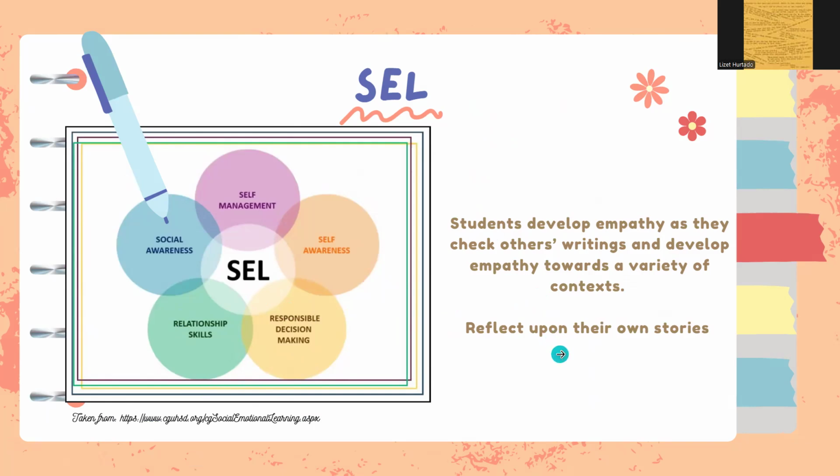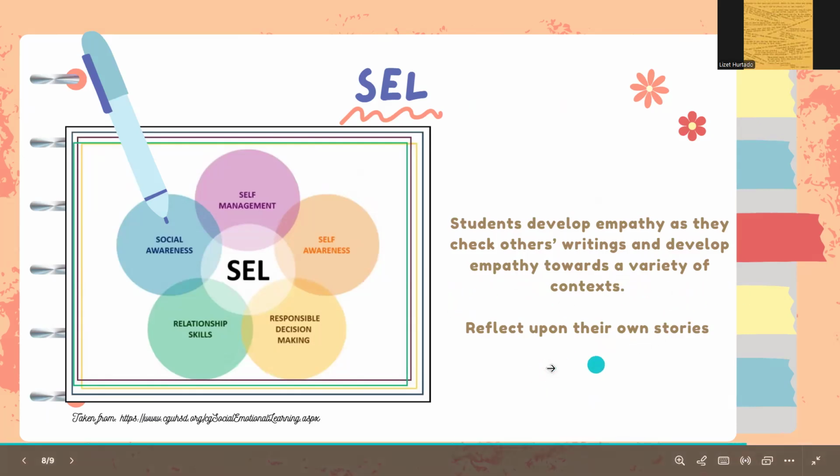So also analyzing the lessons, the students develop empathy as they check others' writing. We try to highlight that part as we need to be kind to each other, and also because we have a variety of context, and also in the lessons we show a variety of context, we try to develop empathy towards the context that we show in class.